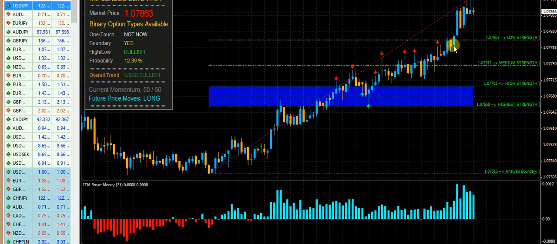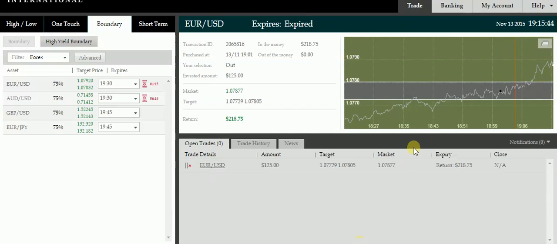So as you can see here, the price has made a very robust move in the upward direction, leaving us with a net profit of 218.75, recovering our previous loss and making a profit on this trade as well. So this is how you trade with proper money management, that no matter if you lose, you still will be in profit at the end of the day.